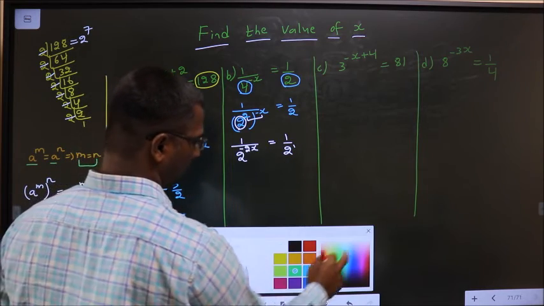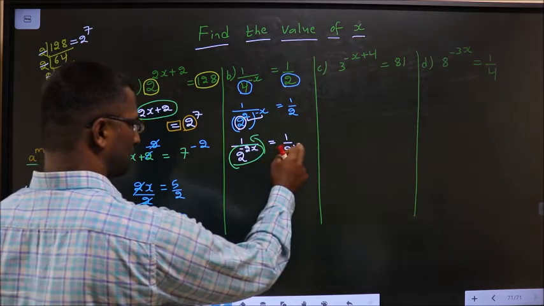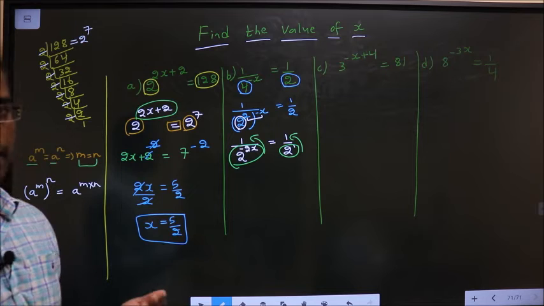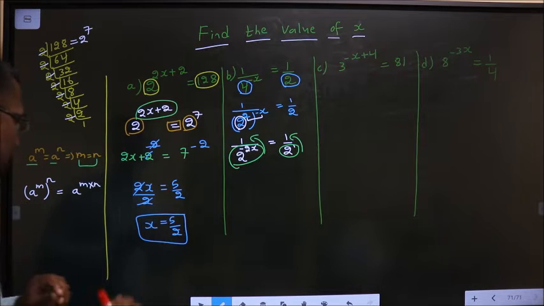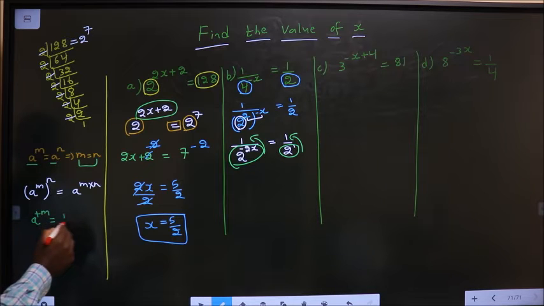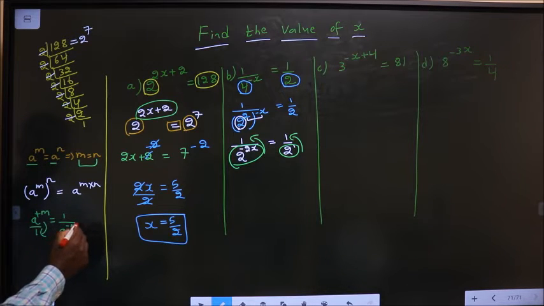Now, I want to shift this to the top and even this to the top. So what change do they undergo is this one. See here, if it is a power plus m, you are taking it down, then the sign for the power will change, a power minus m.